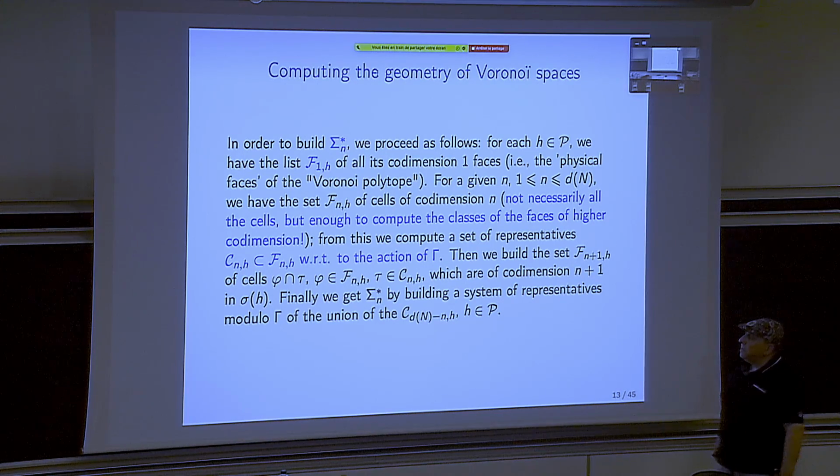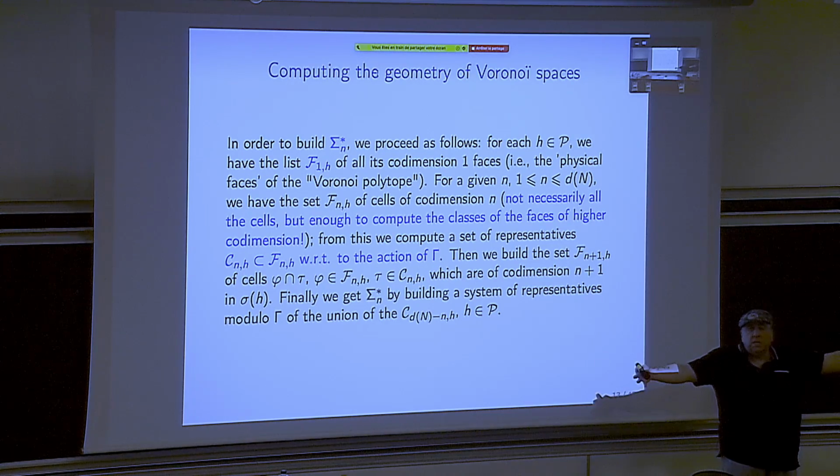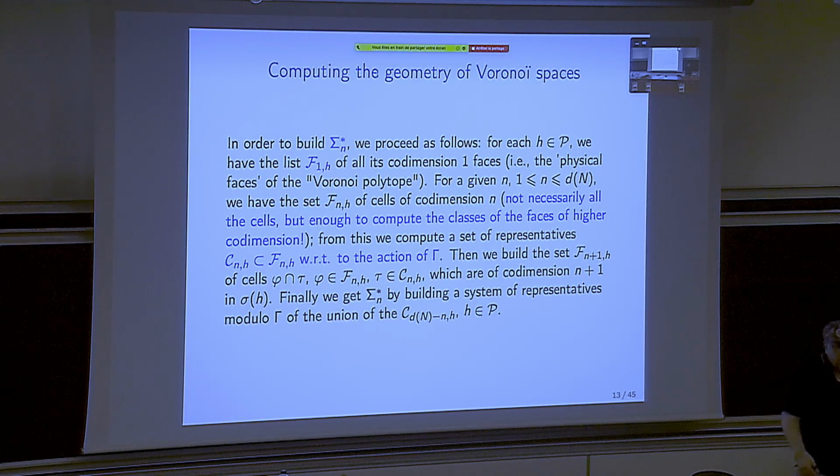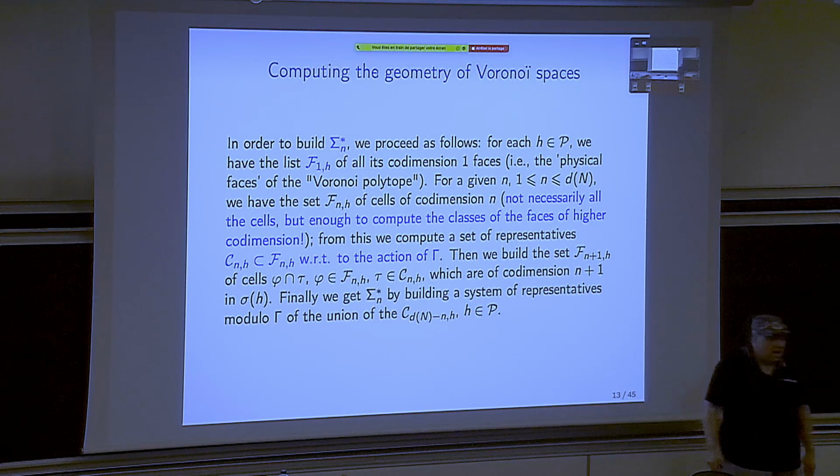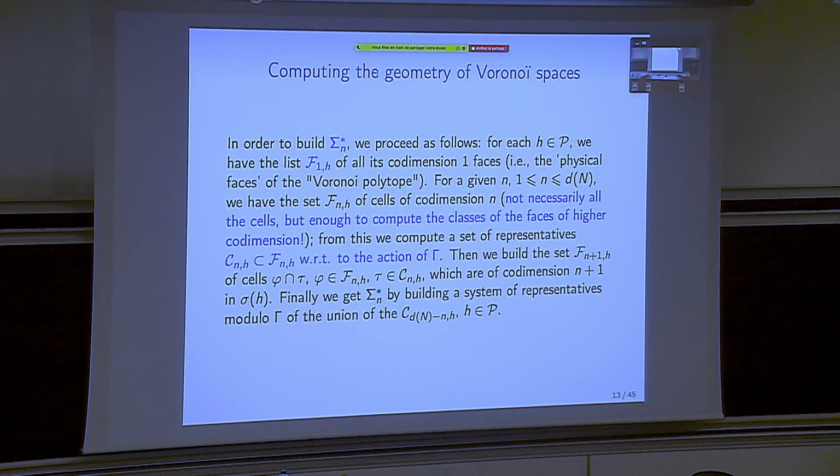Of course, I'm not going to try to intersect a face which is here with a face which is here, two faces that you know cannot intersect. So you can be smart at this level in order to avoid computations.